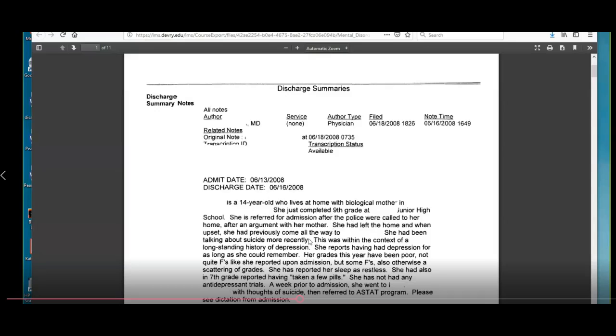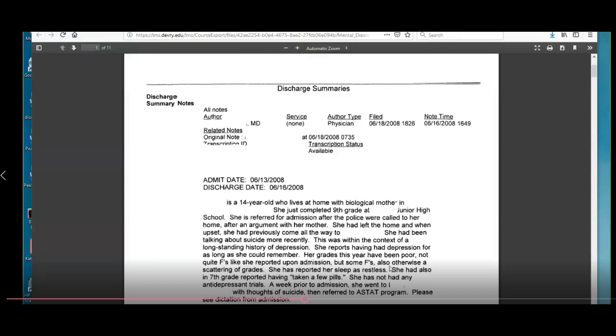So our patient is a 14-year-old who lives at home with her mother. She just completed 9th grade. She was referred for admission after the police were called to her home with an argument with her mother. She had left the home, and when upset, she had previously come all the way to somewhere. She had been talking about suicide more recently. This was within the context of a long-standing history of depression. She reports having had depression for as long as she could remember.